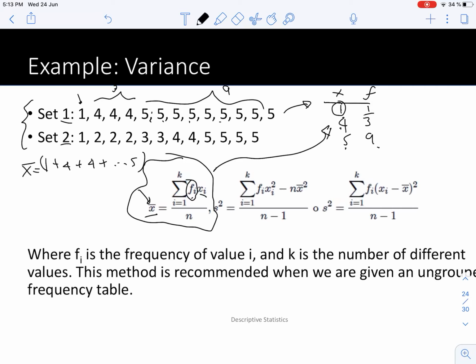If we can do that for the sample mean, the same thing applies for the variance. In the variance, remember that we have two equations, equation 1 and equation 2. Since we have some observations that repeat several times, instead of doing the difference for every single observation, it's better to do it for each outcome of the variable, for each possibility, and then we multiply that squared difference times the frequency.